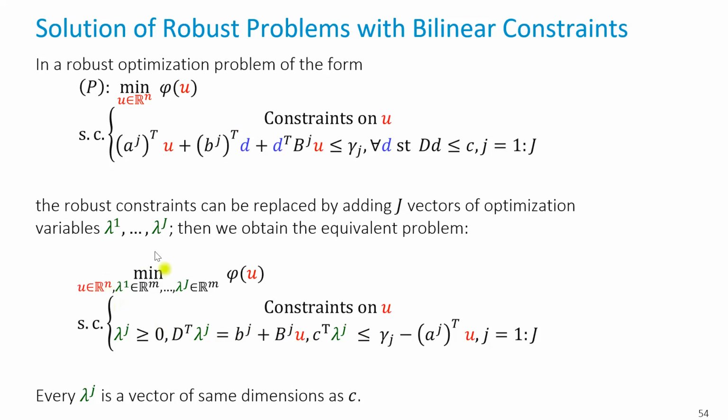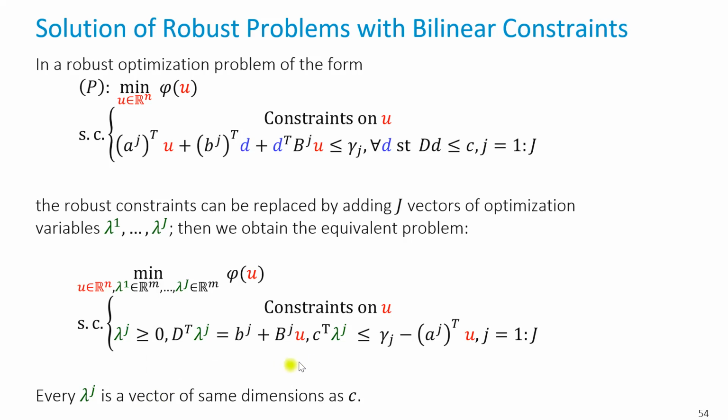where I have introduced one vector of dual variables corresponding to the auxiliary optimization problem that's derived from this constraint. So we keep, of course, all the optimization variables we had before, and then for every constraint, we add a vector of optimization variables.